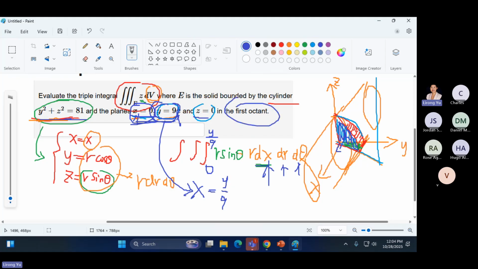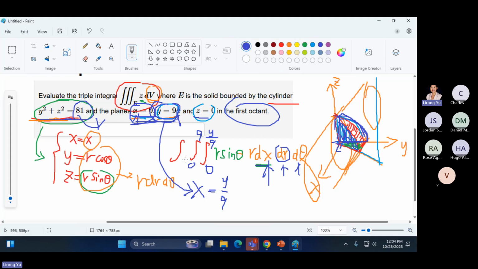If it's in the first octant, then we have only a quarter of the whole circle. So r is going to be between 0 and 9, since there was an 81. The upper boundary for r is 9, and the lower boundary is 0.